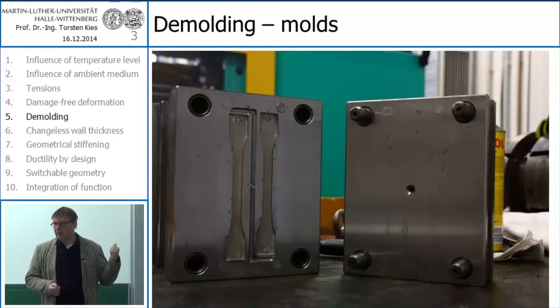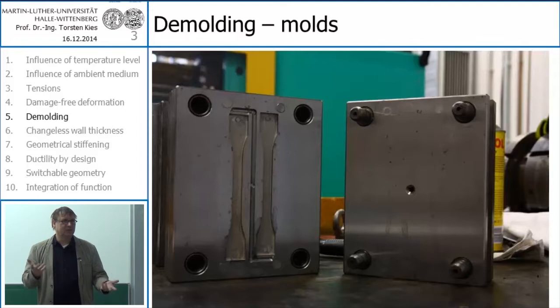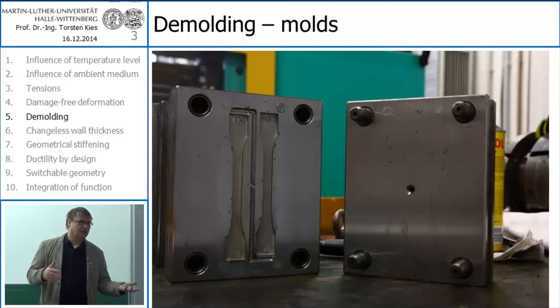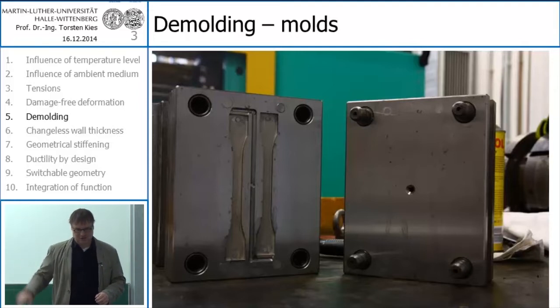We will realize about 10,000 testing bodies from this mold, and then it's waiting in the corner. That's why you must see what you need. Do I need a high quality mold with high costs, or is it enough to say, okay, we don't have so much money, and for us it's enough.